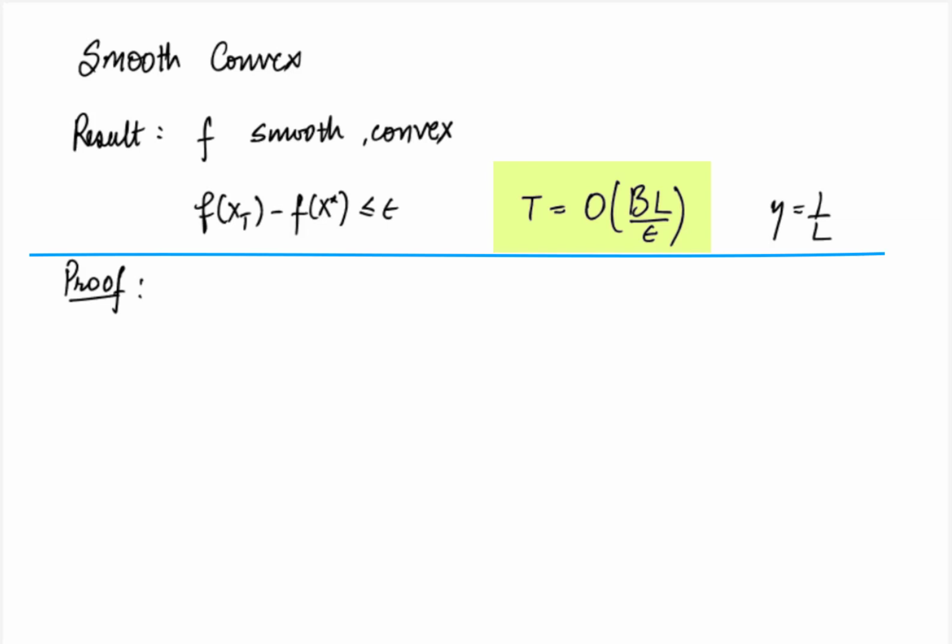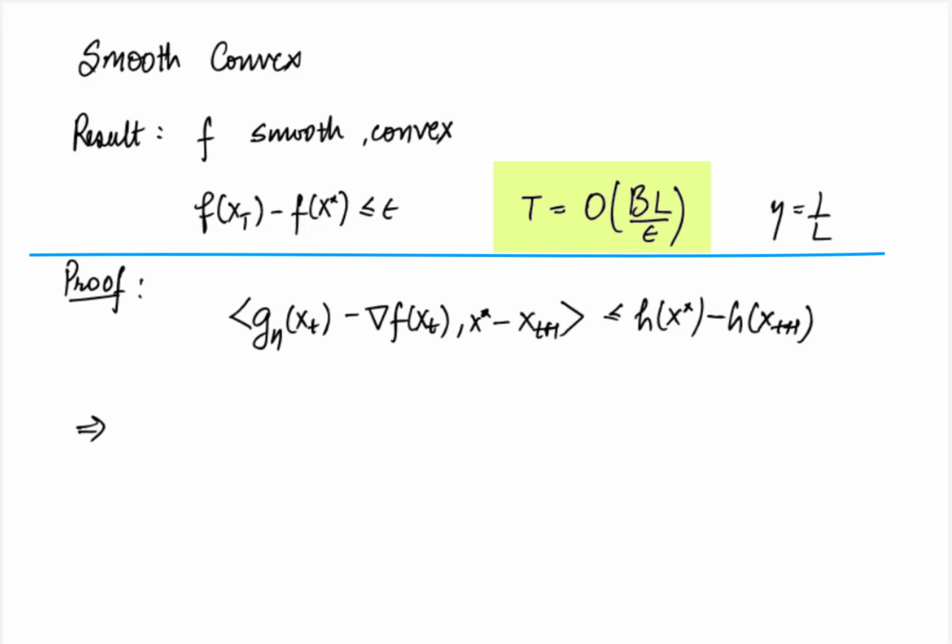First is that we will write down the descent property for y equal to x star so as to get inner product of g eta of xt minus gradient f of xt, x star minus xt plus 1 is less than or equal to h of x star minus h of xt plus 1.